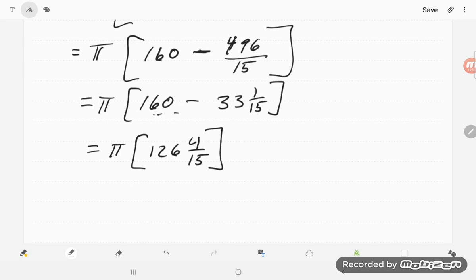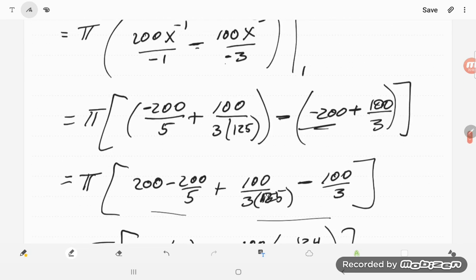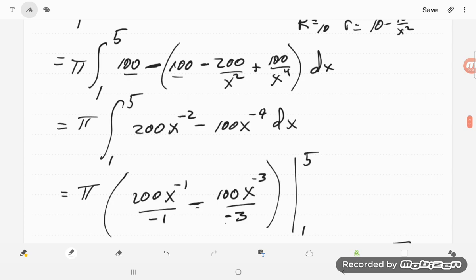And so we can check that. Again, let's look back at our integral. So we had this integral pi 1 to 5, 200x to the negative 2 minus 100x to the negative 4.